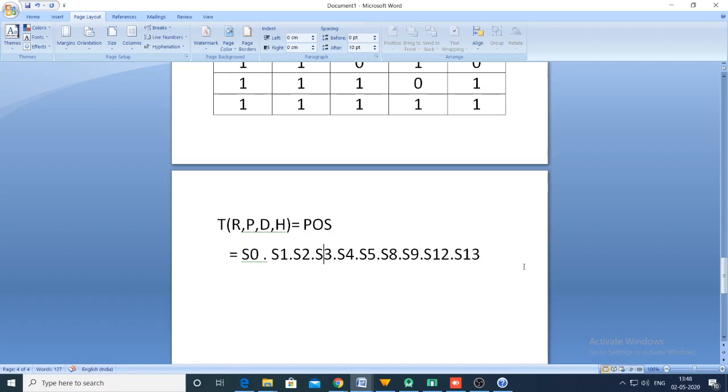So this many sum terms are logically multiplied.